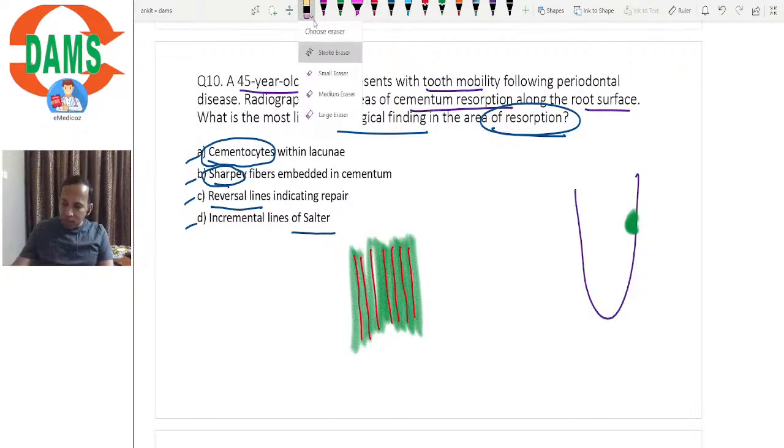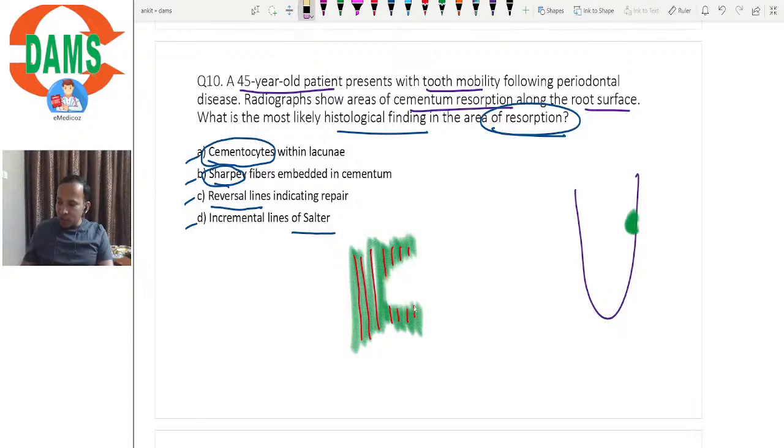But then the problem is there is a resorption, isn't it? So when there is a resorption, don't you think these incremental lines of Salter and everything else would be resorbed? And since this resorption extends to the entire depth of the cementum and into the dentine, there won't be any incremental line seen, isn't it? The incremental line would not be seen.